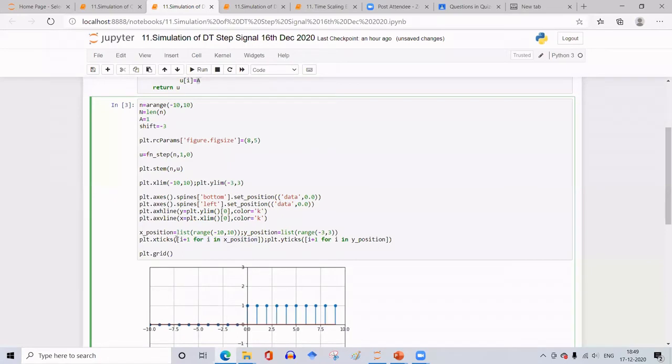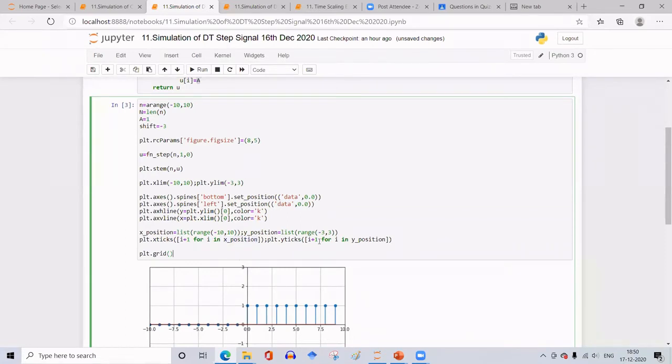So start with the lowest point in the x range, x position, and go on adding 1 to that and go on marking on the x-axis. That is what this loop understands. You should understand it as: take the lowest range, put i equal to i plus 1 for all values in the x position list.